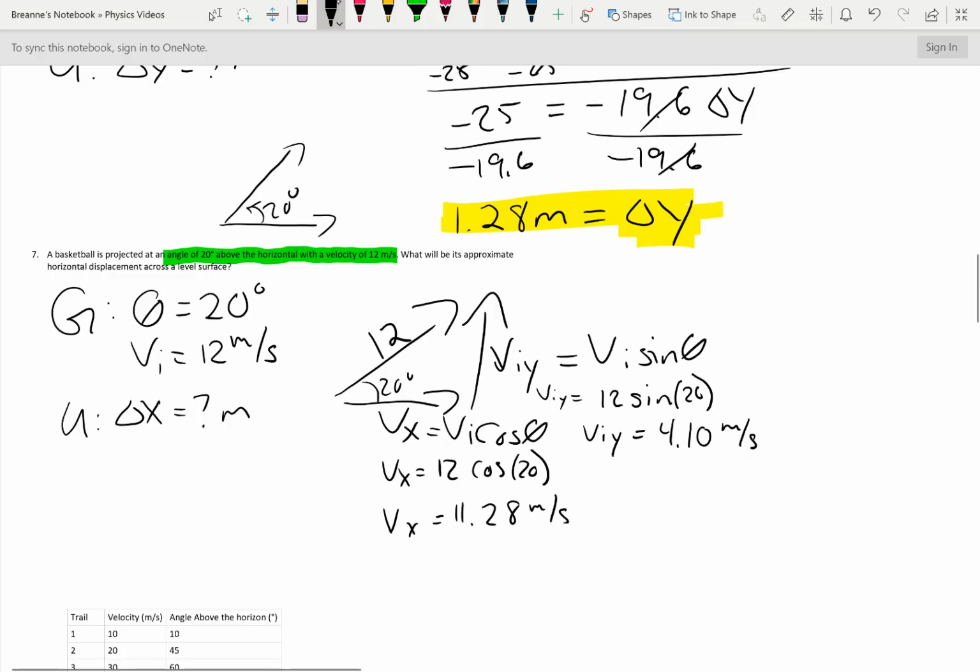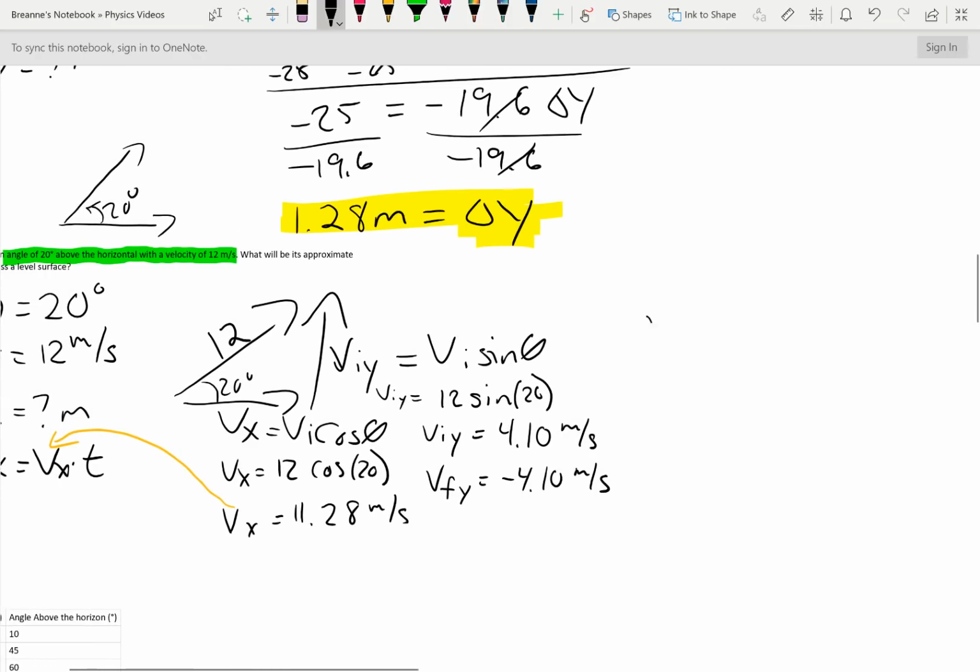So our equation is delta x equals vx times t. So we have our vx now. So that can go here, but we need our time. That goes back to saying if you know your initial, you know your final. It's just a negative 4.1 meters per second. And you can use that same equation that we have been using for like the past 3 problems. So our final is negative 4.10. Our initial is 4.10.